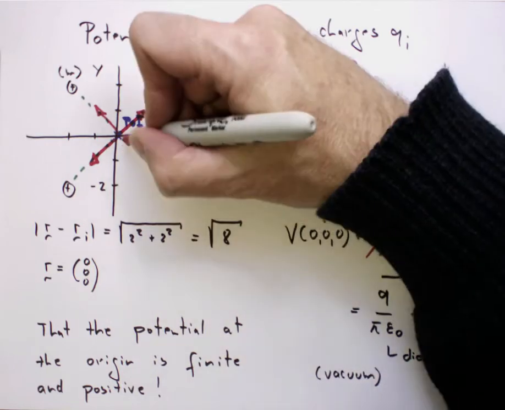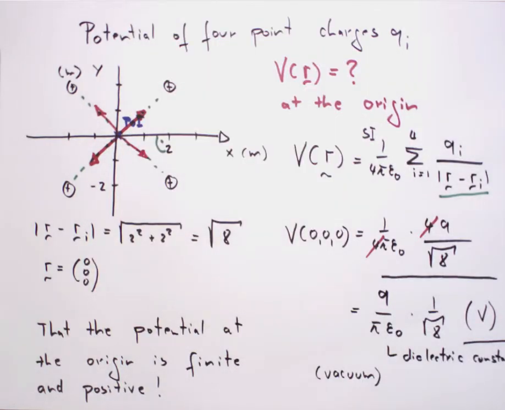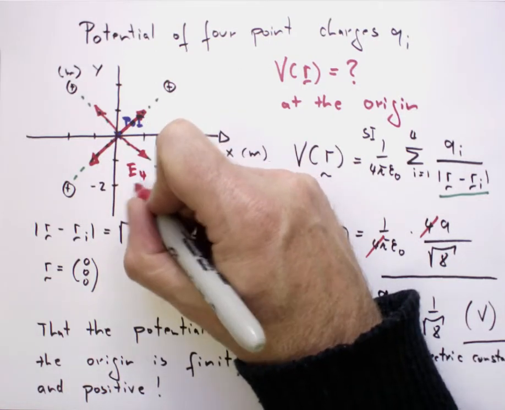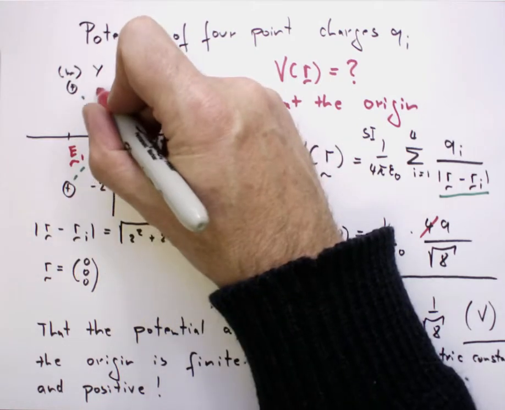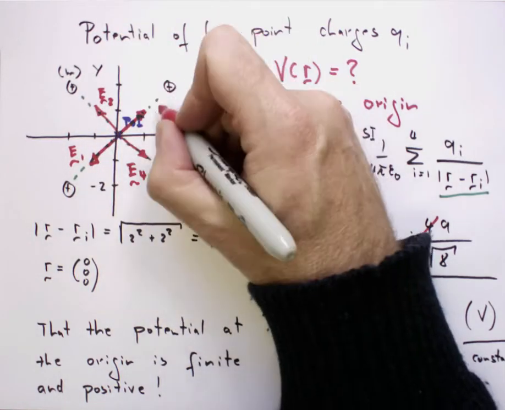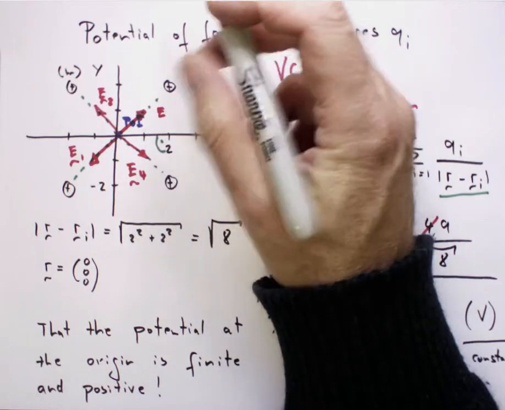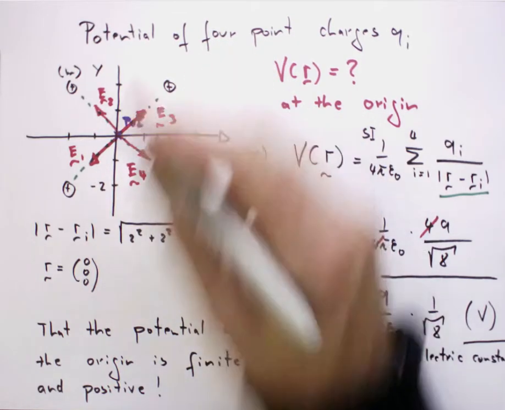And finally, from Q4, a field contribution pointing in that direction. So this is E4, this is E1, this is E2, and this may be E3, the one which is missing.